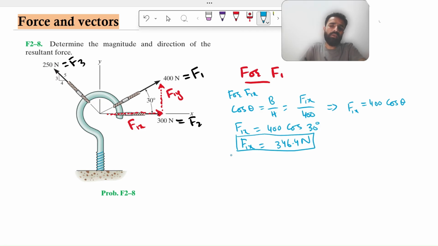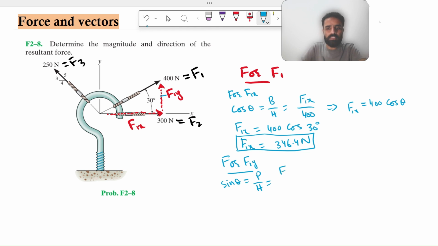Now similarly, we'll do the calculation for F1y. For this, we need this side, which is the perpendicular, so I will be applying sine theta. Sine theta is equal to perpendicular over hypotenuse.